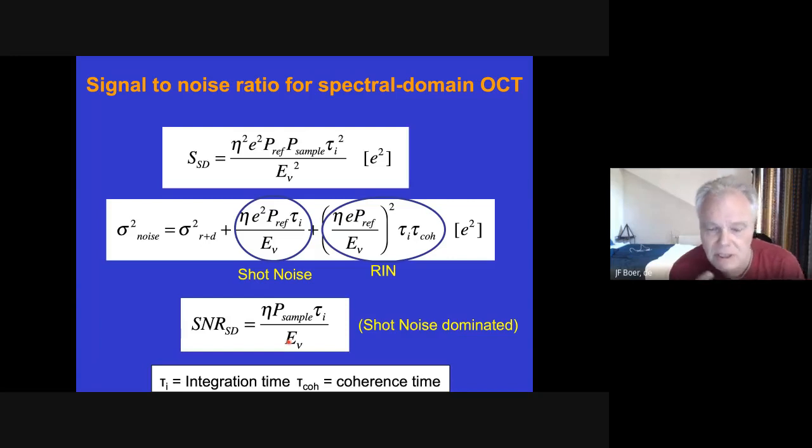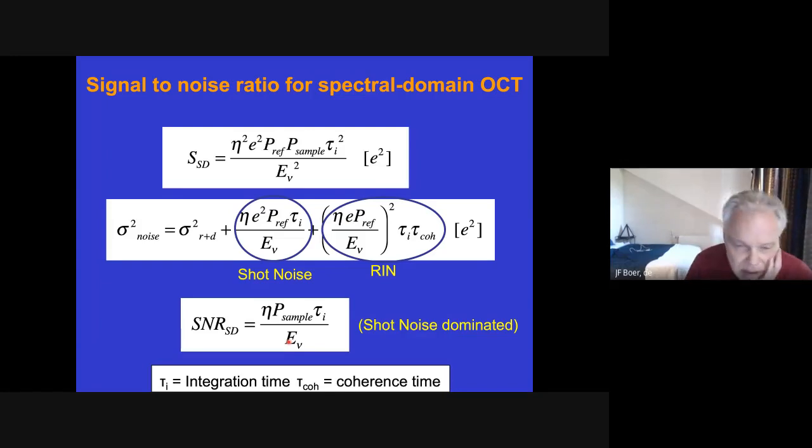So it really reaches the shot noise limit and gives you a signal-to-noise ratio of 1 for just one photon coming back from the sample arm. And it's hard to beat that in terms of the sensitivity. You can see that if the power in the sample times the integration time is equal to the energy of one photon, we already have the signal-to-noise ratio of 1.